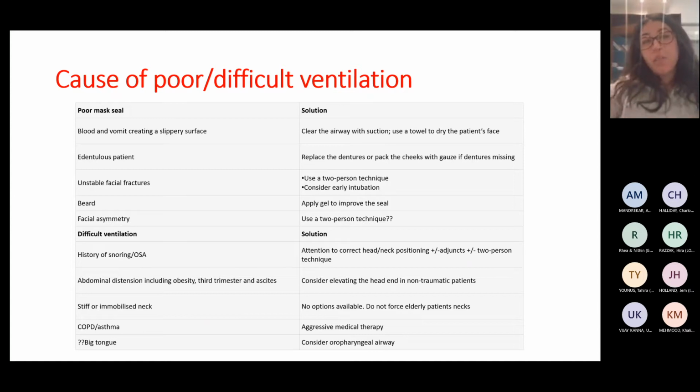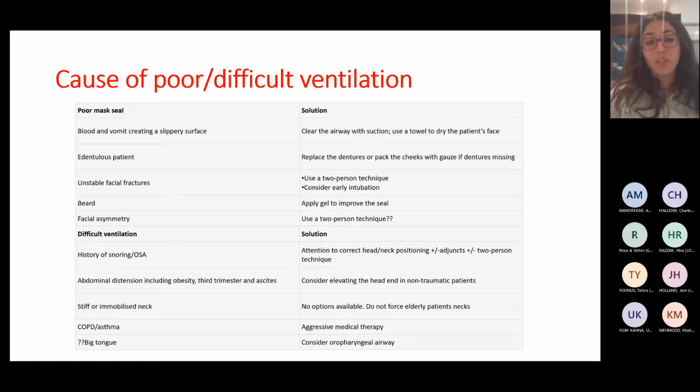In elderly patients, they might have dentures that they are not wearing or have lost, and that causes the face to be deformed. A trick to solve that is to pack their cheeks with gauzes, and that will solve the problem a bit.